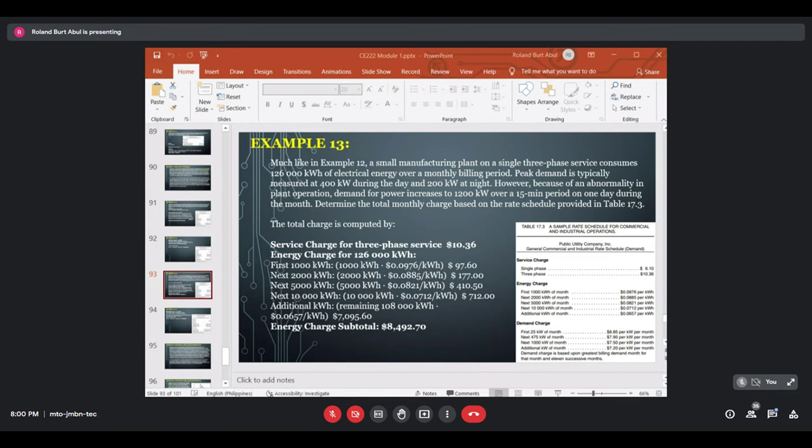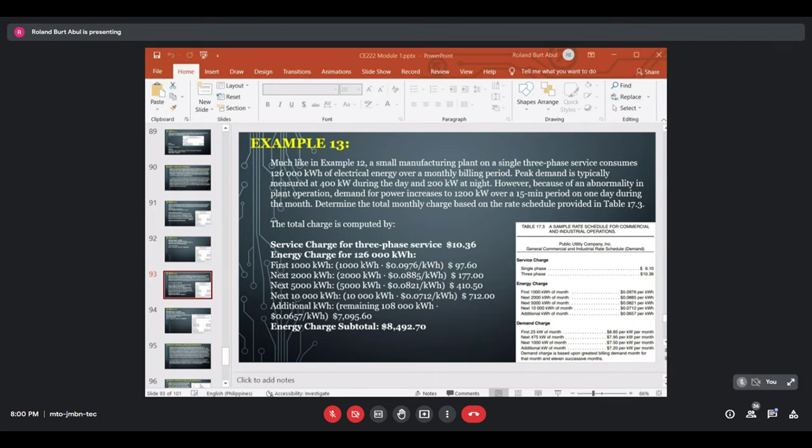However, because of an abnormality in plant operation, demand for power increases to 1,200 kilowatts over a 15-minute period on one day during the month. Determine the total monthly charge based on the rate schedule provided in Table 17.3.